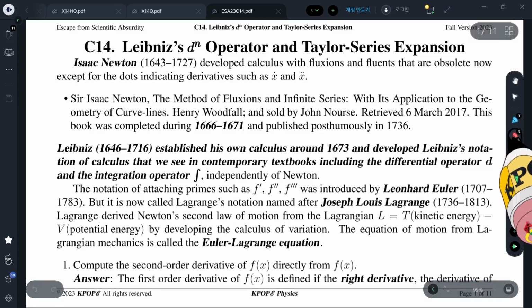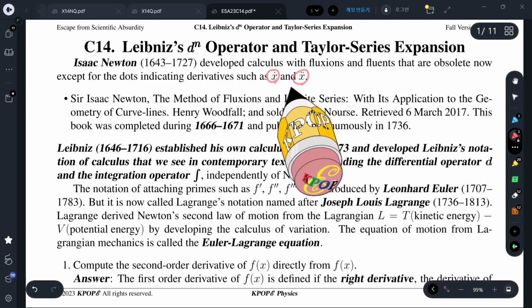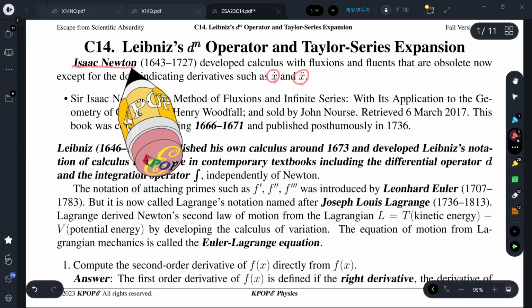Calculus was not developed by mathematicians; it was developed by Newton and Leibniz. We have some notation. Time derivative is denoted by this. This is due to Isaac Newton's way of writing.